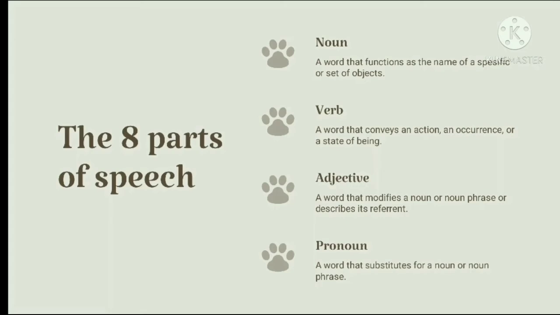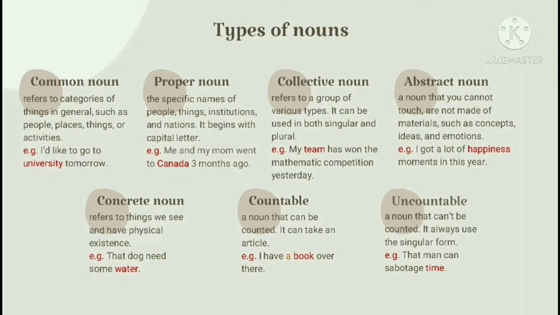Noun is a word that functions as the name of a specific object or set of objects, such as living creatures, places, actions, qualities, status of existence, or ideas. Noun encompasses most of the words of a language. There are 7 types of noun, which are common noun, proper noun, collective noun, abstract noun, concrete noun, countable noun, and uncountable noun.